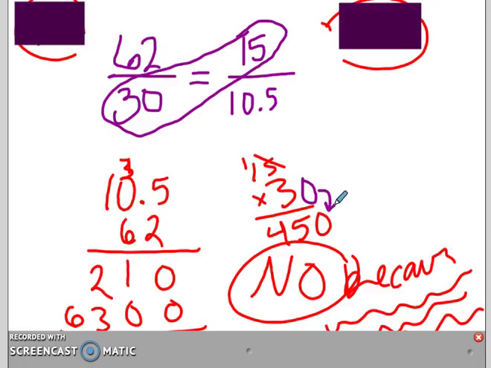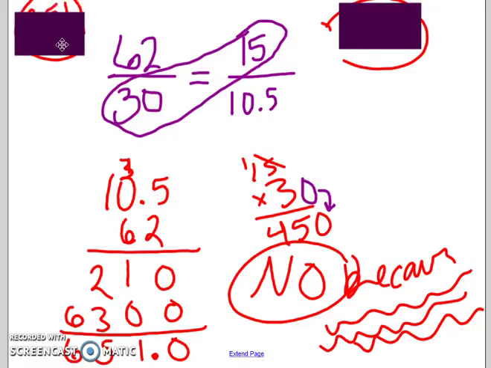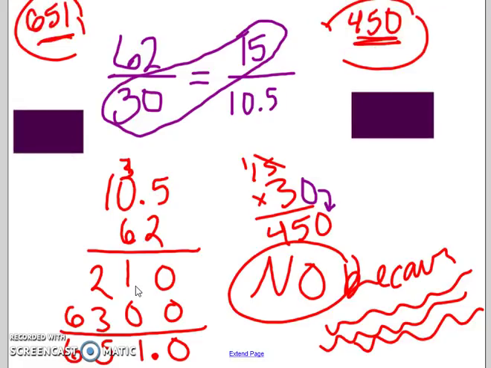We get the same answer, 450. And then 10 and 5/10 times 62 ends up giving us 651. So are our rates proportional here? No, they are not proportional. Womp womp. All right, see you guys tomorrow.